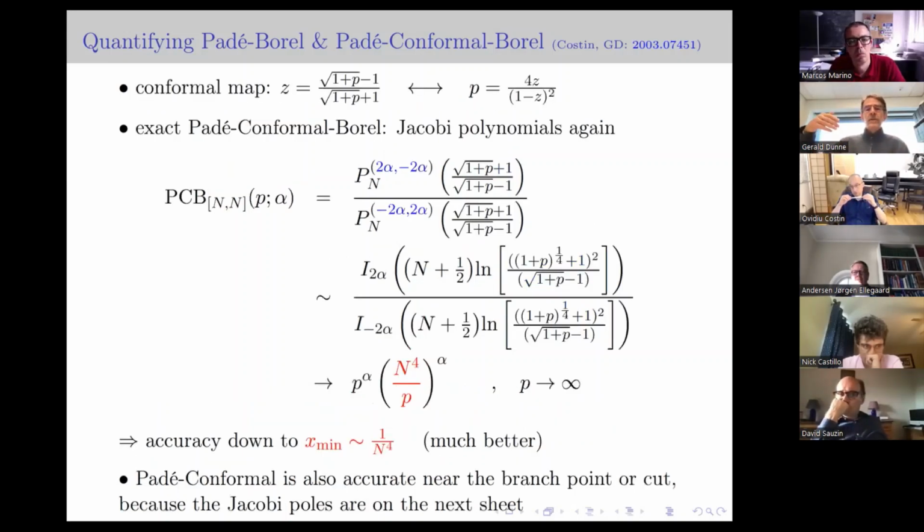Now you can do the case, again, same input data, but before you do Pade, you do a conformal map and re-expansion, and then Pade. And now it scales like n to the 4th. And again, all the subleading corrections are known. They just correspond to Jacobi polynomials again, but with different arguments and different indices. So it's 2 alpha instead of alpha.